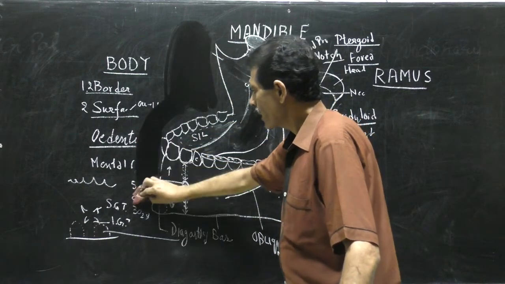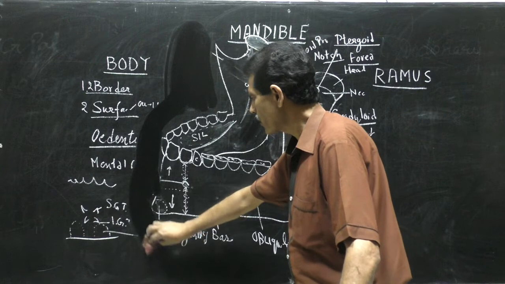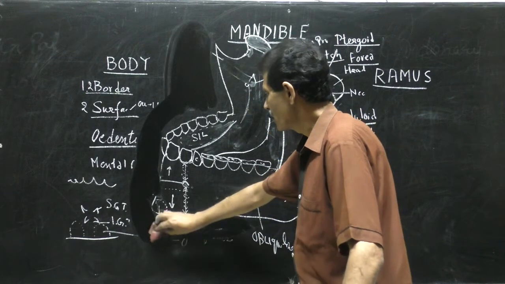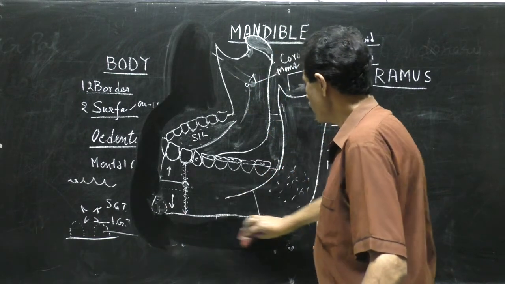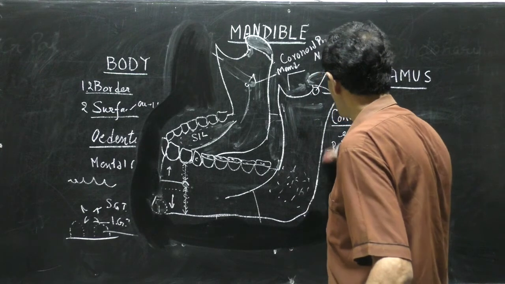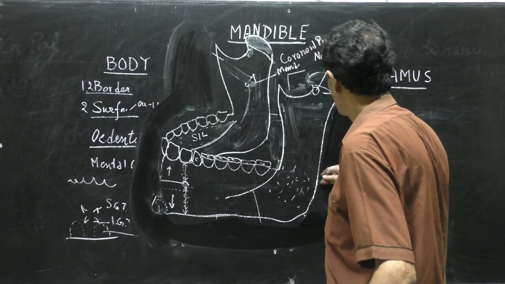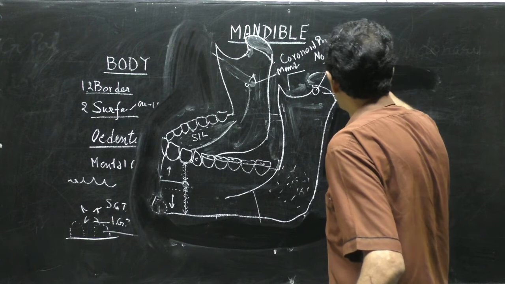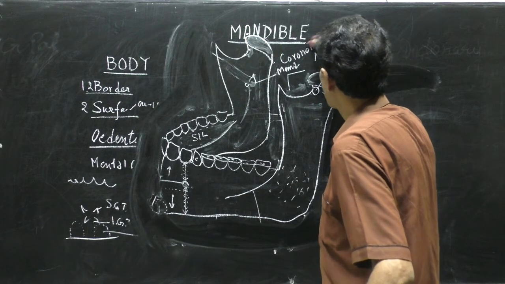Now the mandible is also a very important bone for sex determination. It gives 99% accuracy if an unidentified skeleton is found.